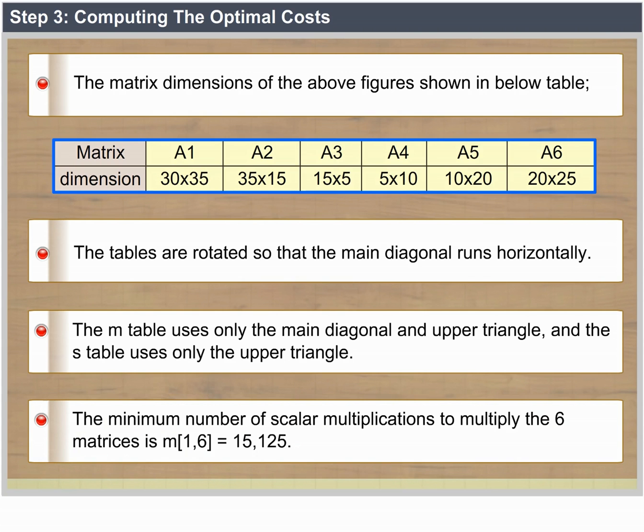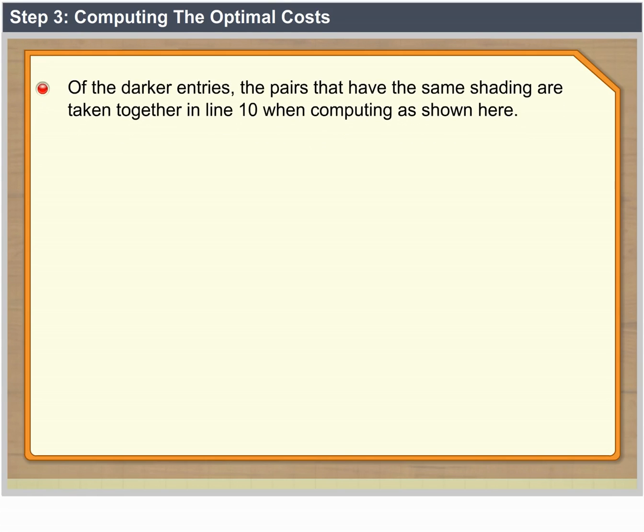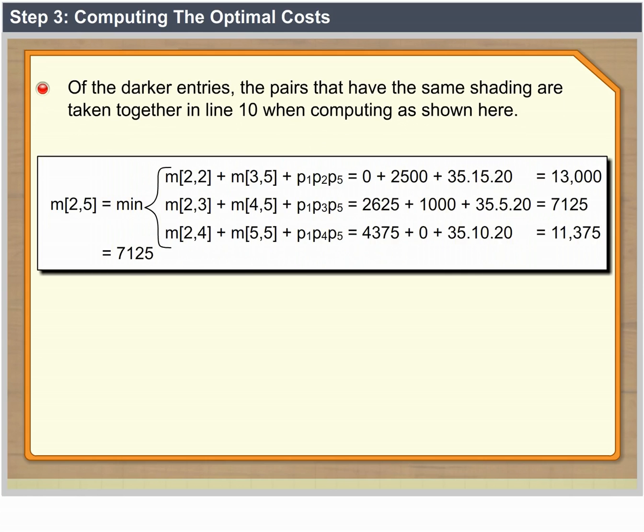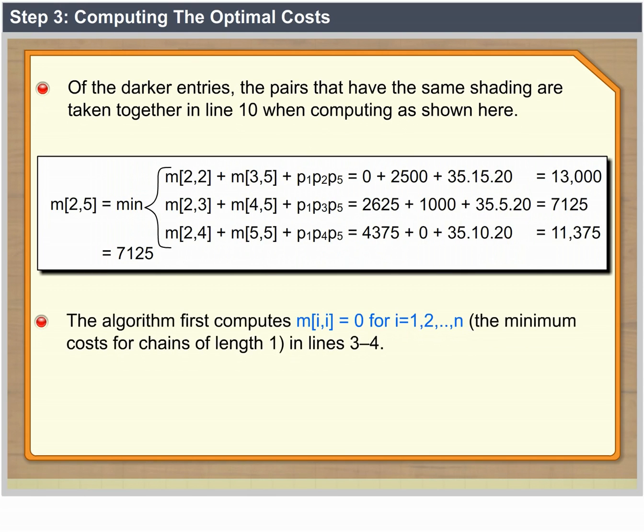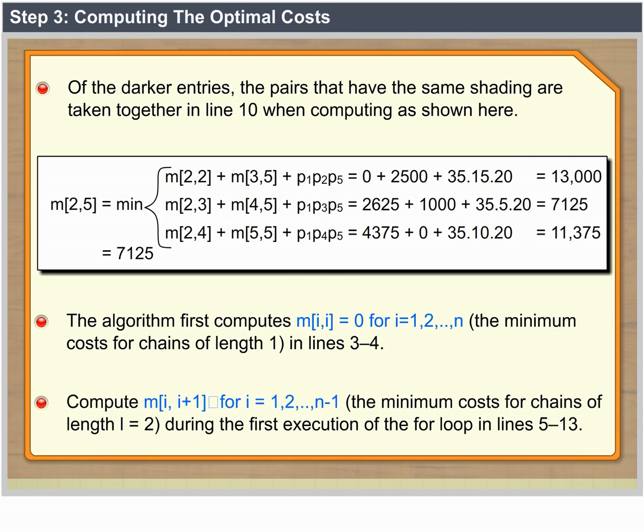Of the darker entries, the pairs that have the same shading are taken together in line 10 when computing m, as shown here. The algorithm computes m of i, i equals 0 for i equals 1, 2 up to n, the minimum costs for chains of length 1, in lines 3 and 4. It computes m of i, i plus 1 for i equals 1, 2 up to n minus 1, the minimum costs for chains of length l equals 2, during the first execution of the for loop in lines 5 to 13.